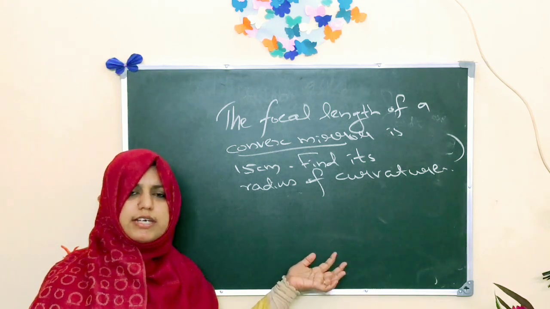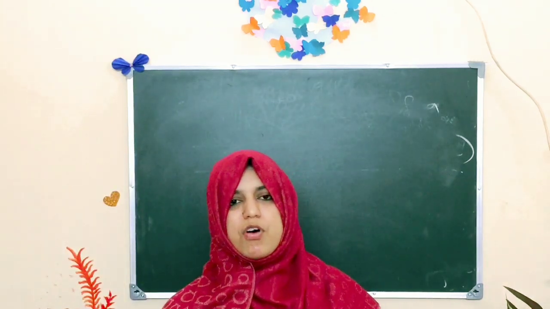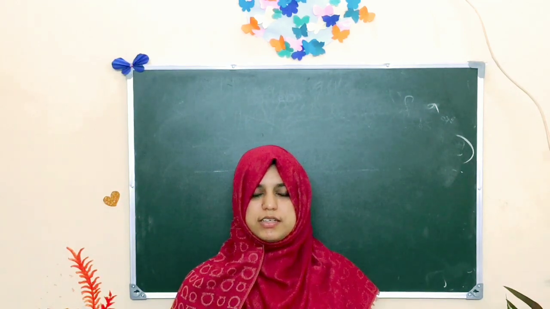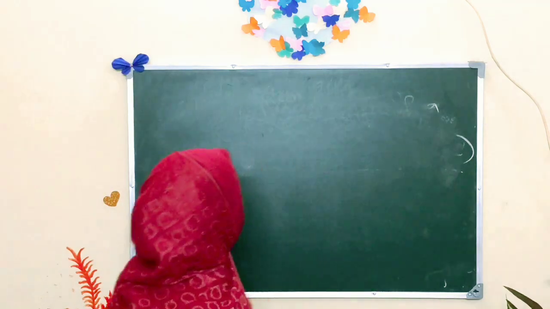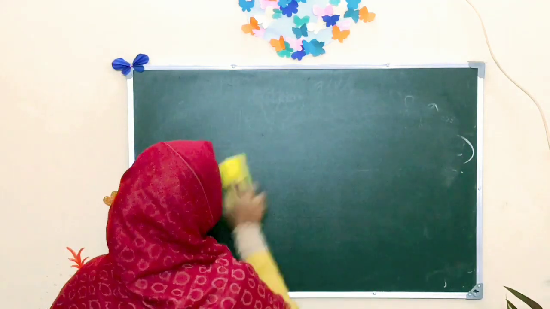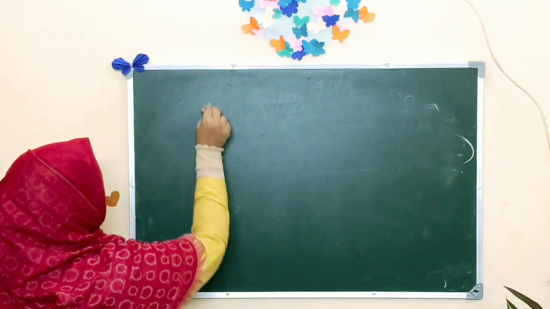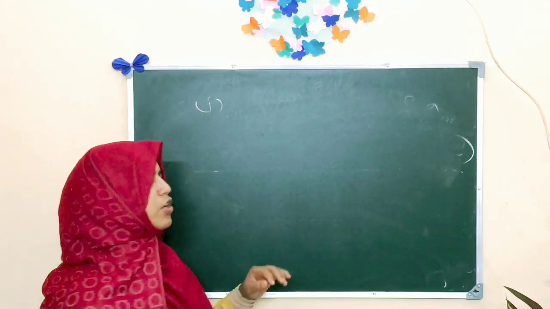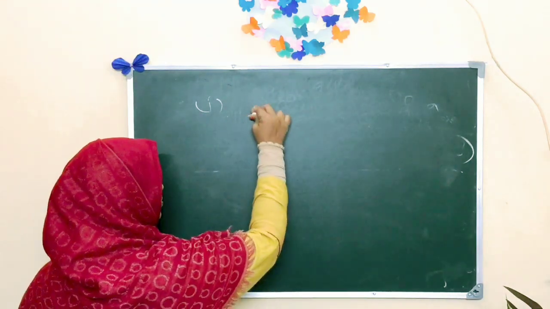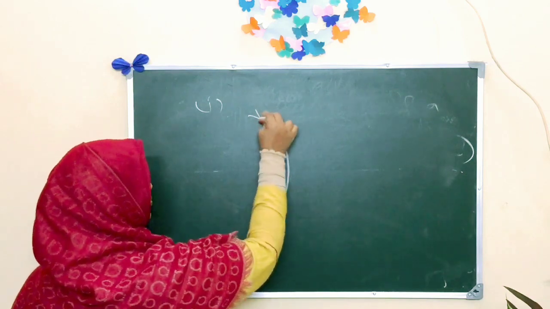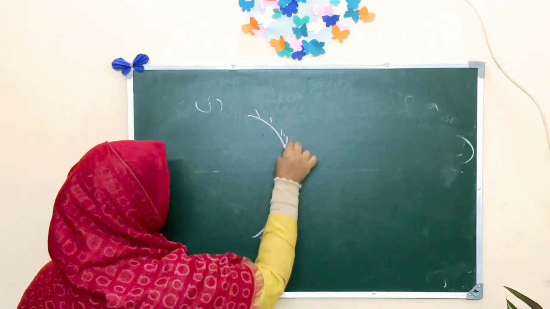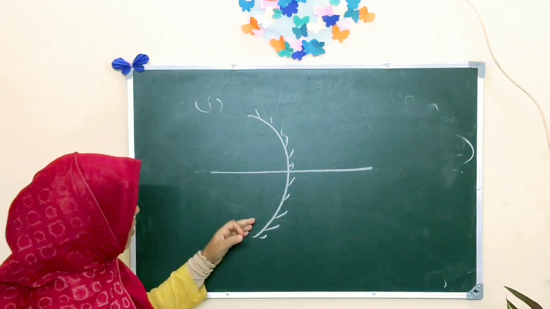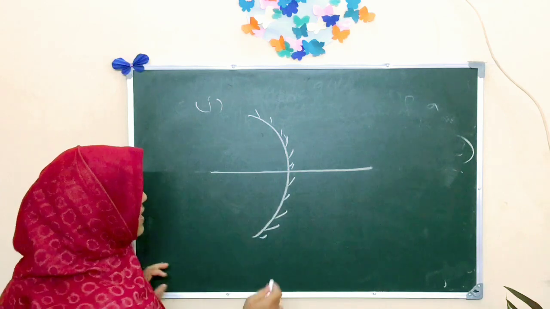Next is about rules for obtaining images formed by spherical mirrors. Here 4 rules are there. First one, in the case of a concave mirror, I am showing you first of all. Concave mirror, inward curved mirror, then principal axis.